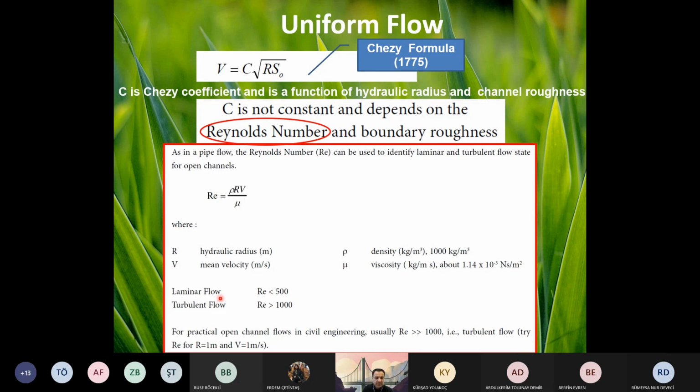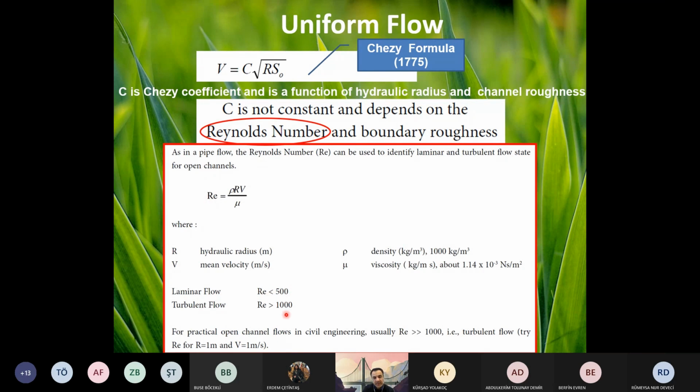You remember we talked about laminar and turbulent flow. These values are for canals. If the Reynolds value for a canal is less than 500, we say laminar flow.